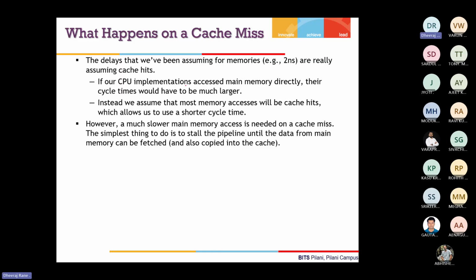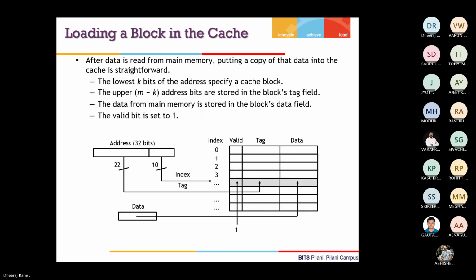If the CPU accessed main memory, the cycle time would have been much larger. So instead, the assumption is made with the cache hits, and it will allow us a shorter cycle. This is the logic that we have already discussed.